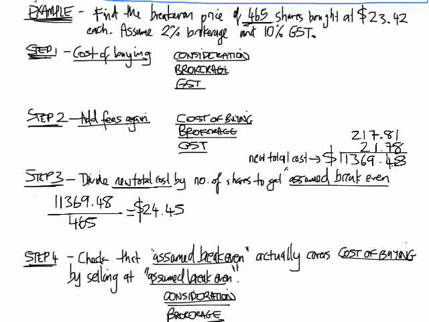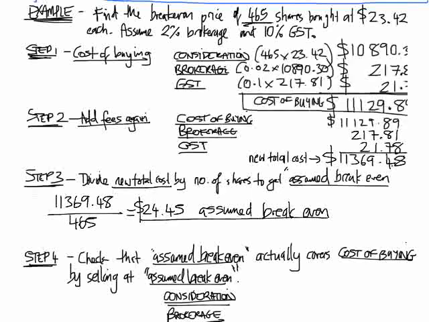So we are saying that the assumed break-even is $24.45. This is one that we can name, even though it's not in the book. It's good to keep track of it by calling it something. So $24.45 assumed break-even price.